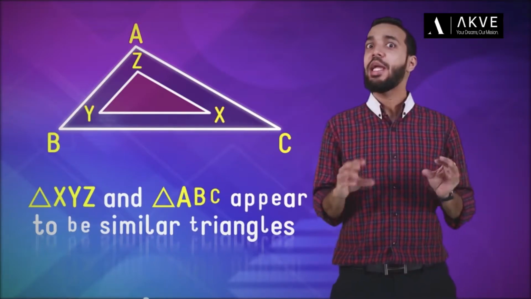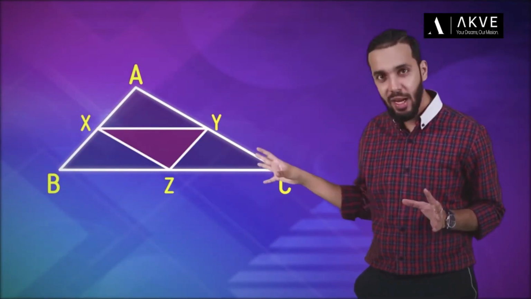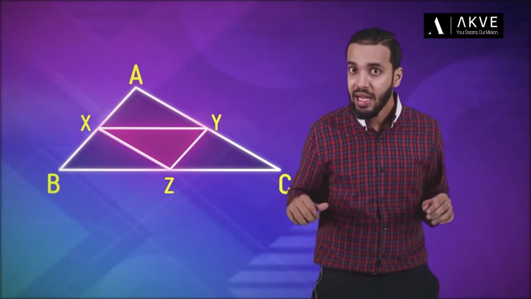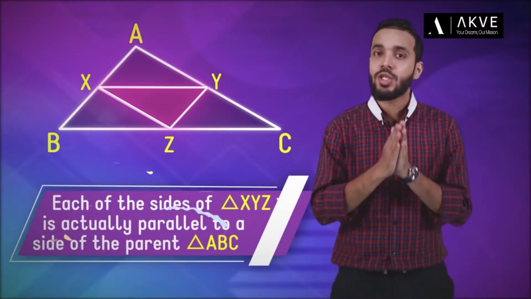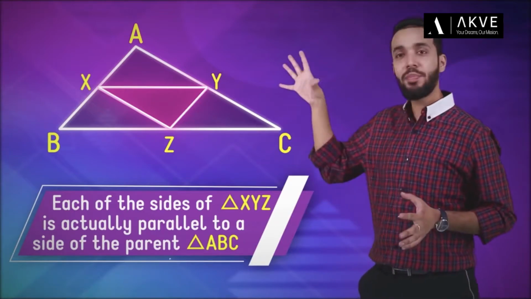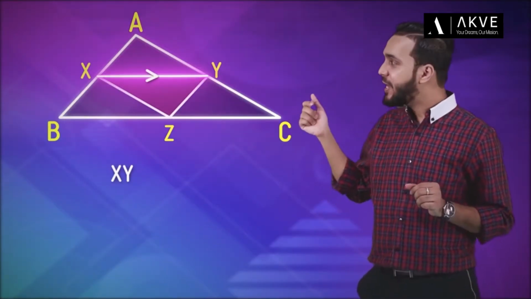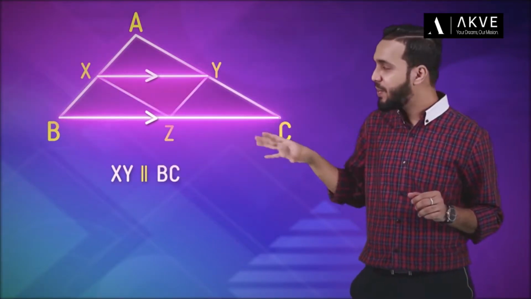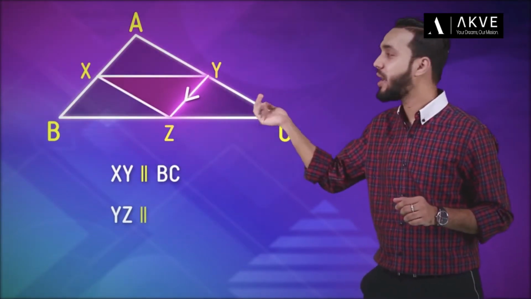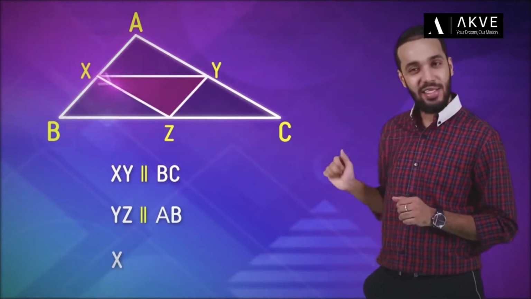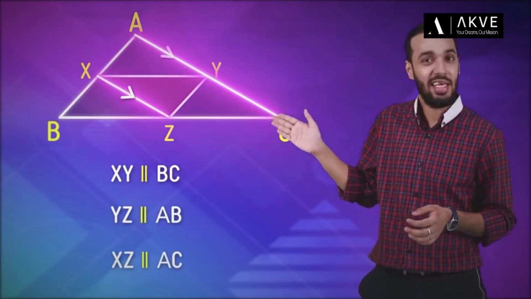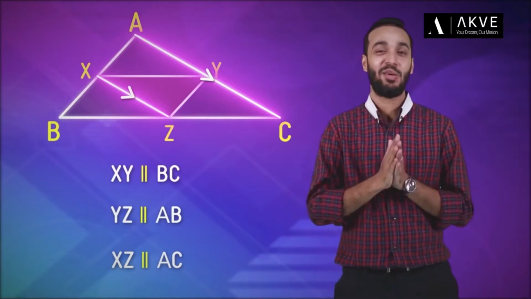Anyway, a very interesting property of this inscribed triangle XYZ is that each of its sides is actually parallel to a side of the parent triangle ABC. Like this side XY is parallel to BC. Similarly, YZ is parallel to AB and XZ is parallel to AC. Didn't see that coming, did you?